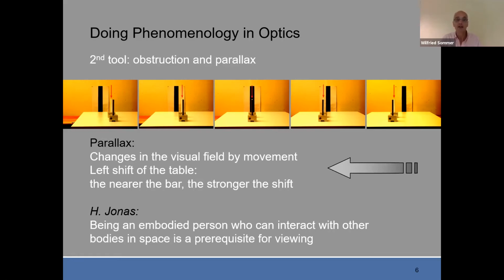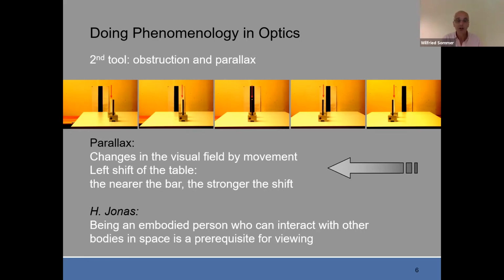I would like to ask you to look once again at the black bar, and you will see that the shift of the black bar is stronger than the shift of the white bar. And of course, all these experiences you start to have already if you hide yourself as a small child behind a tree, and you will see that the shift of objects while moving and the obstruction of objects while moving depends on the distance you have.